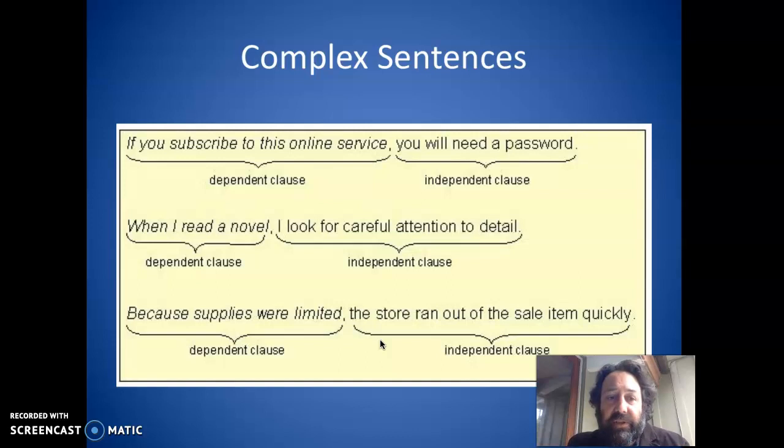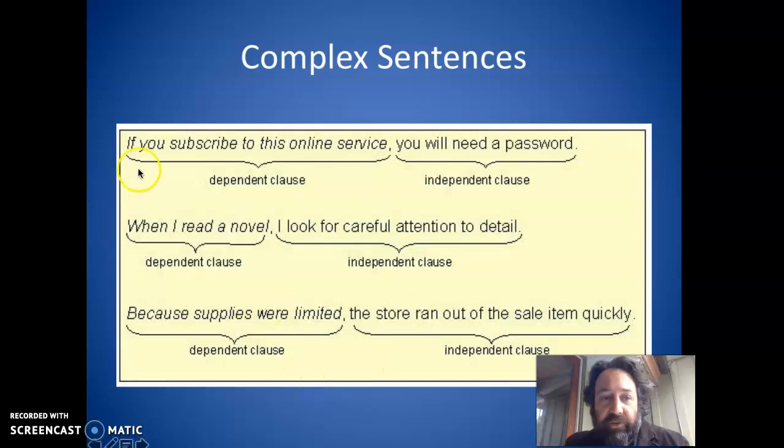A complex sentence is one that will either begin with a subordinate conjunction, like if, when, or because, or that word will come in the middle of the sentence. But either way, a complex sentence basically has two parts. You have one independent clause, one dependent clause.